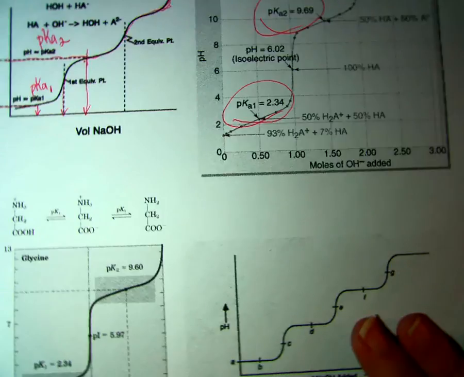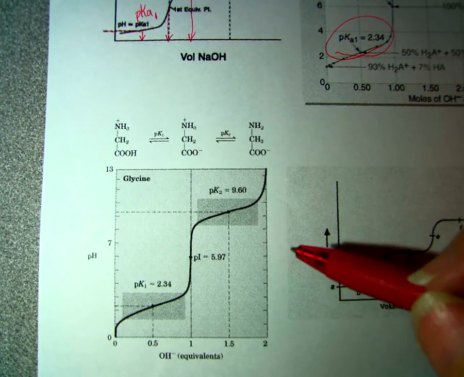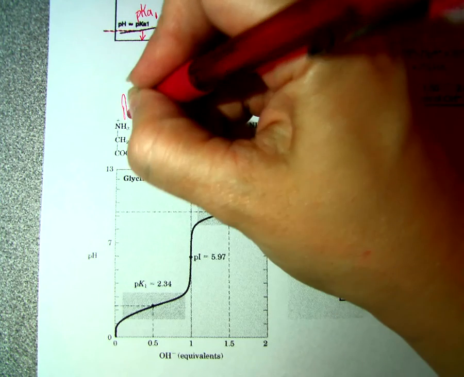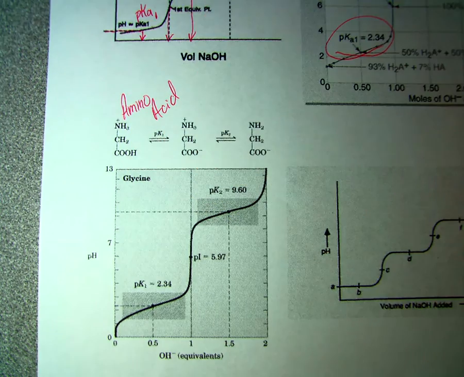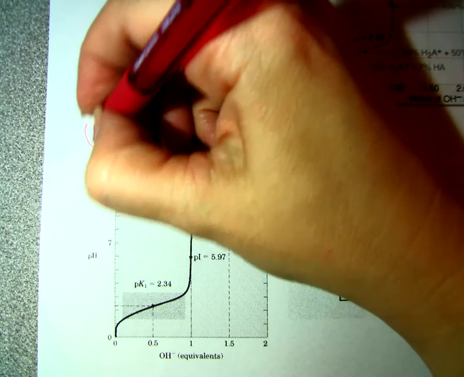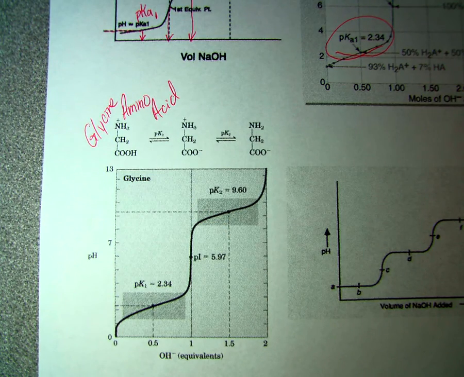This one down here is also a diprotic acid, but these are amino acids, so you would see this in organic or biochem. This is the amino acid glycine, and that's nothing you have to know, and you wouldn't have to know that on the AP test either.